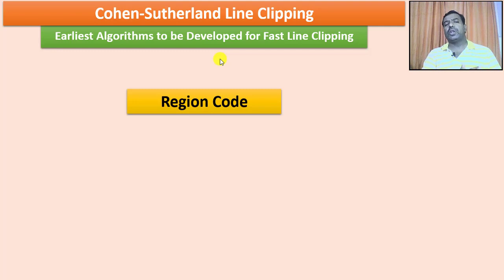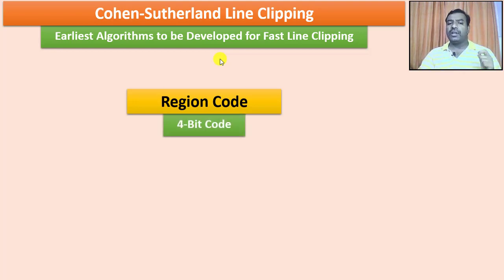When we talk about the Cohen-Sutherland line clipping algorithm, the major part of this is the region code. We are going to compute, or calculate, or assign a region code. So this region code is the main factor or the main block which is going to be used by the Cohen-Sutherland line clipping algorithm to work as a fast line clipping algorithm.